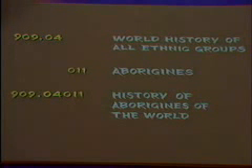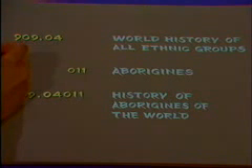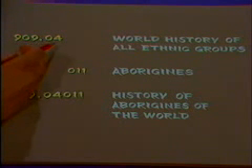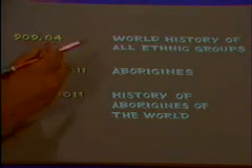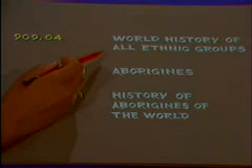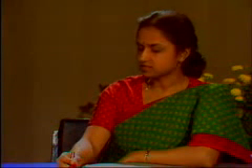Take this title, History of Aborigines of the World. The document deals with the study of Aboriginal tribes from the historic perspective. In the main schedule, the number 909.04 represents World History of all ethnic groups. Under this number, there is instruction to add notation from table 5.